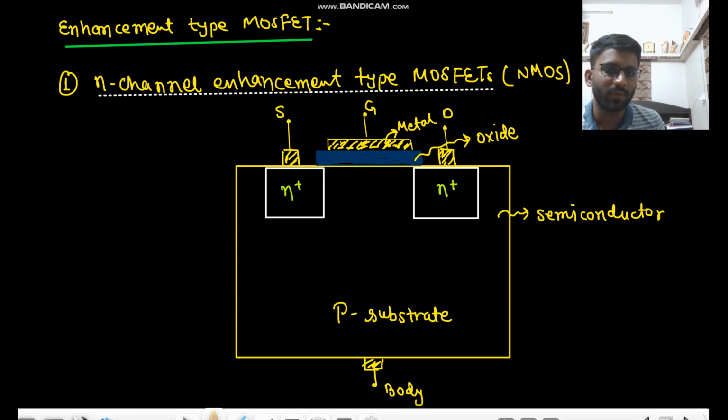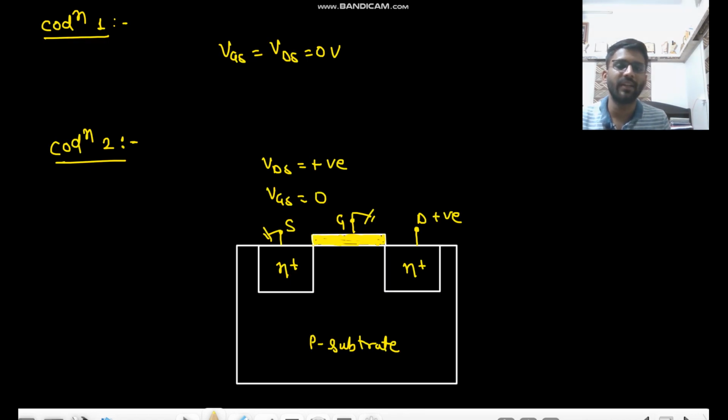The condition for current to flow is that the electron should get out of the source terminal, walk through the channel and get into the drain terminal. That's the condition. So no potential is applied, no electric field to attract the electrons, so no current will flow. So ID is 0 ampere.